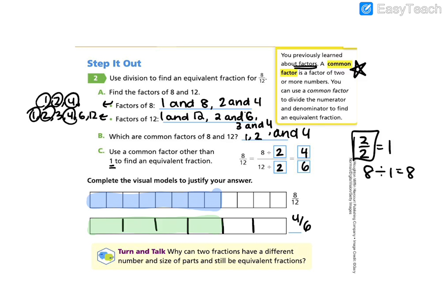So our question asks us, why can two fractions have a different number and size of parts and still be equivalent fractions? Now, this is really important that we're basing these on fractions that are in equal size, right?